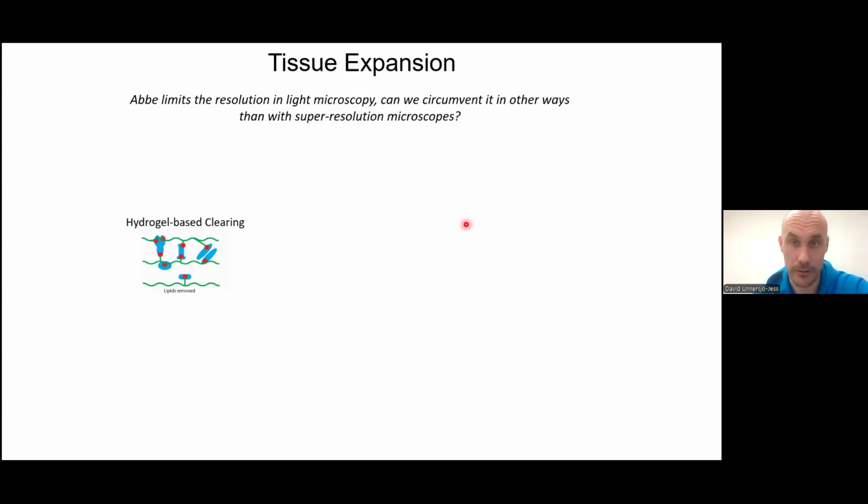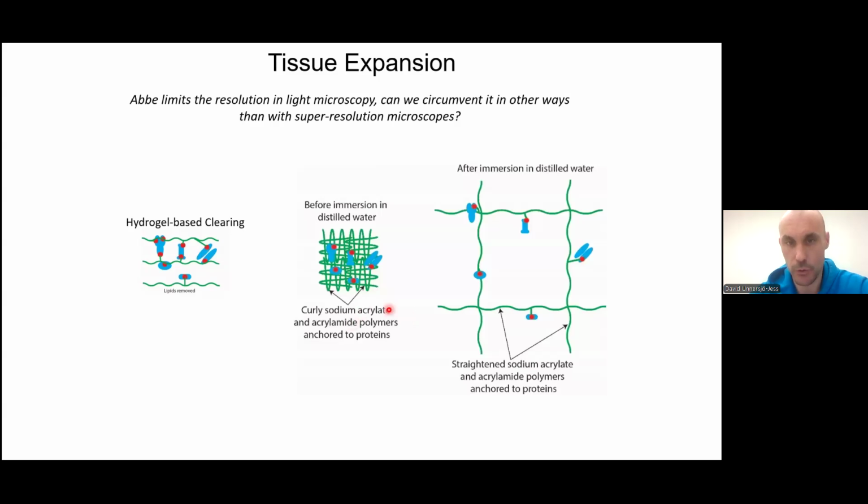As I said, these protocols are all very related to these hydrogel-based clearing protocols, in that almost always you introduce a hydrogel. What is special about the hydrogel you would introduce with tissue expansion is that you introduce sodium acrylate monomers. When you polymerize sodium acrylate in a salt-rich environment, you end up with these very curled up polymers.